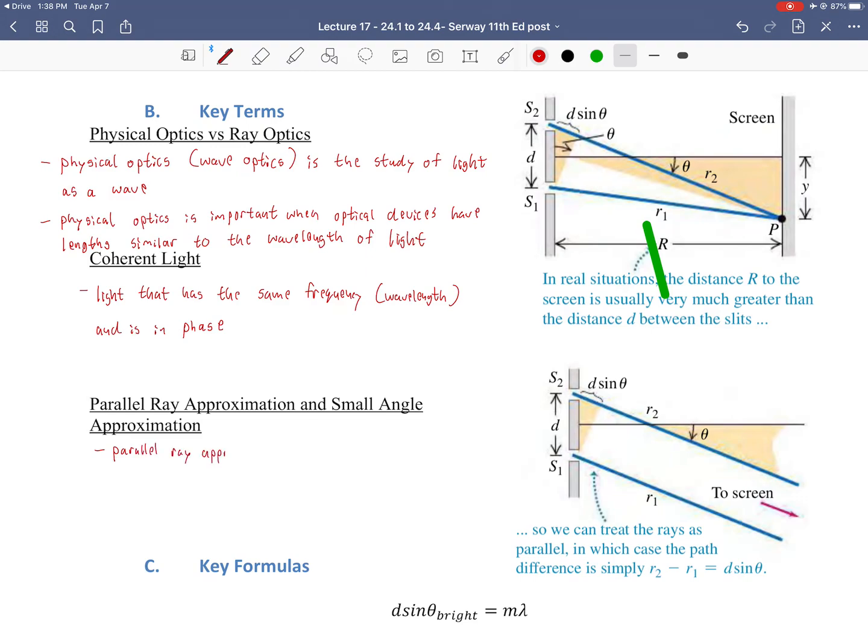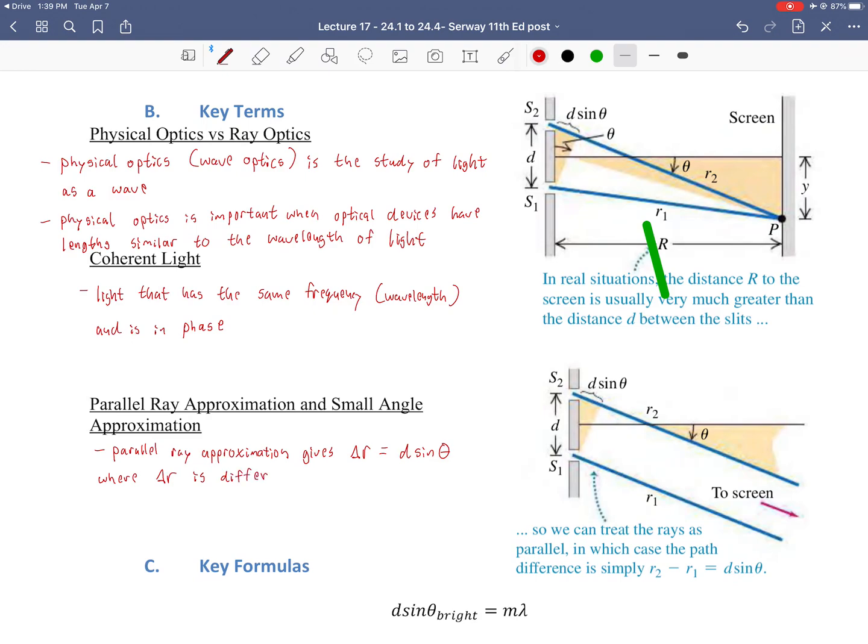So parallel ray approximation gives that the change in path length, delta r, is equal to d sine theta. Okay?